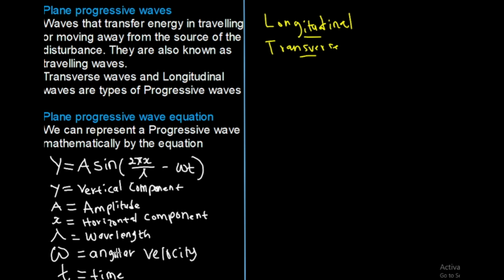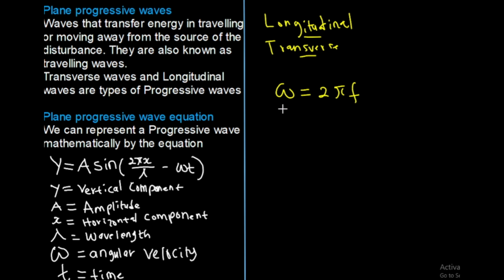Now there's something I need to add to this equation, and that is based on this formula. Please have it at the back of your mind that angular velocity, you can note it down, is also equal to 2 pi f. Angular velocity is equal to 2 pi f. 2 pi is a constant and f is frequency.